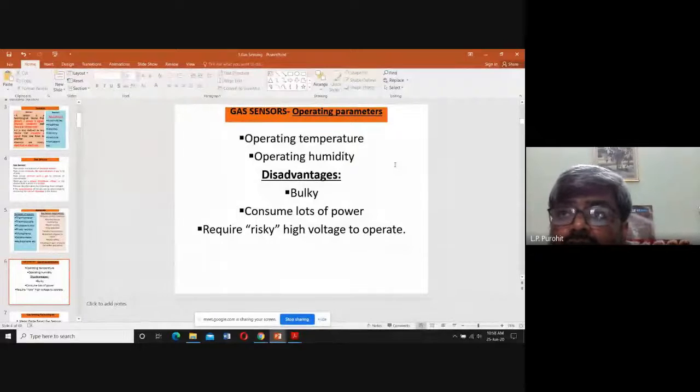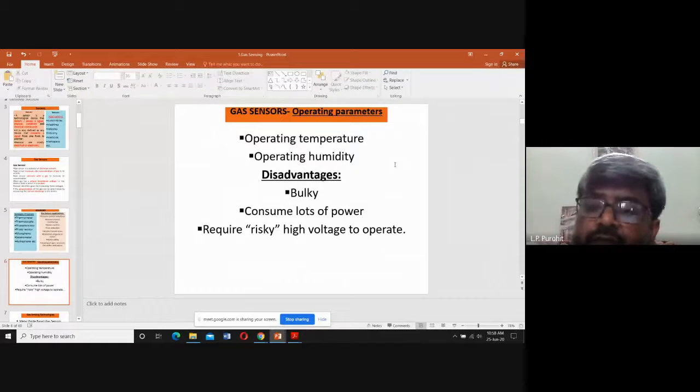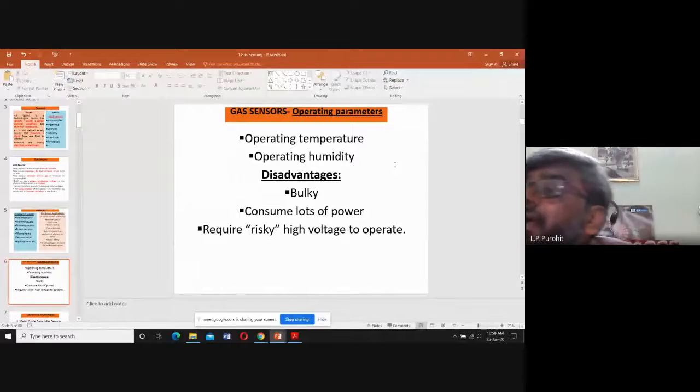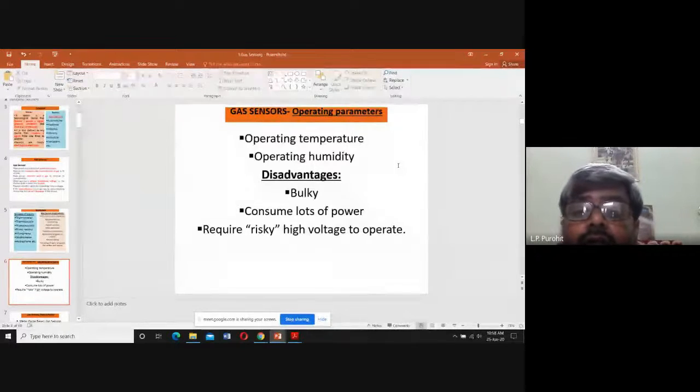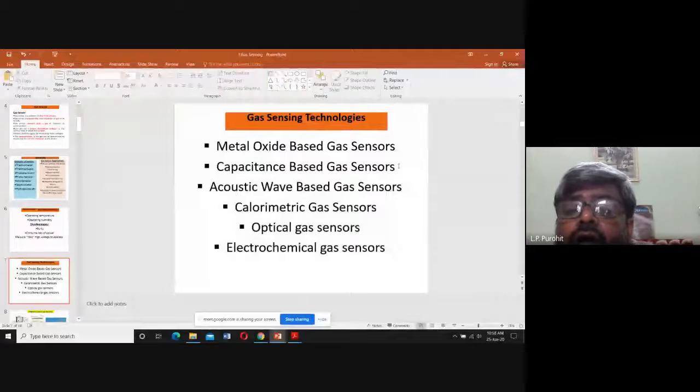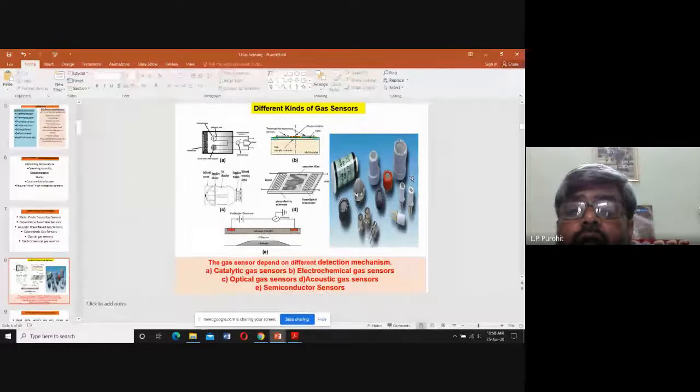So we need to take care of these two things very clearly. Now we have different kinds of gas sensors like metal oxide based, capacitance based, acoustic based, caloric conductivity based, optical gas sensors, and electrochemical also. But I will mainly discuss the oxide based.